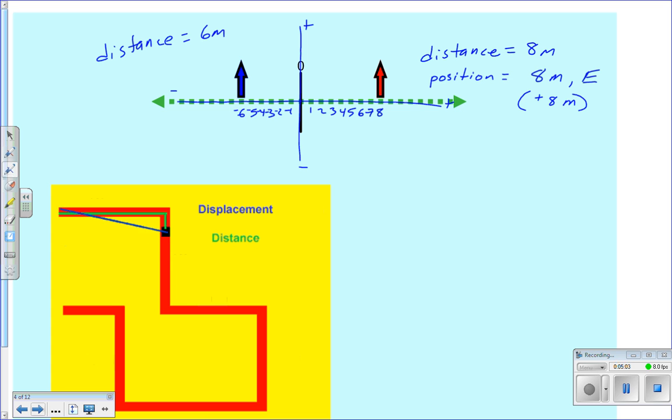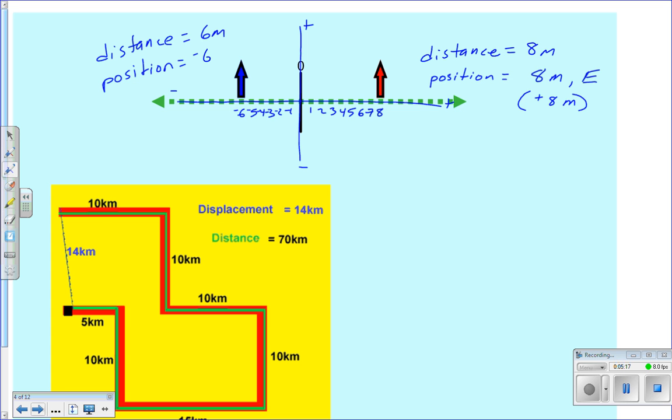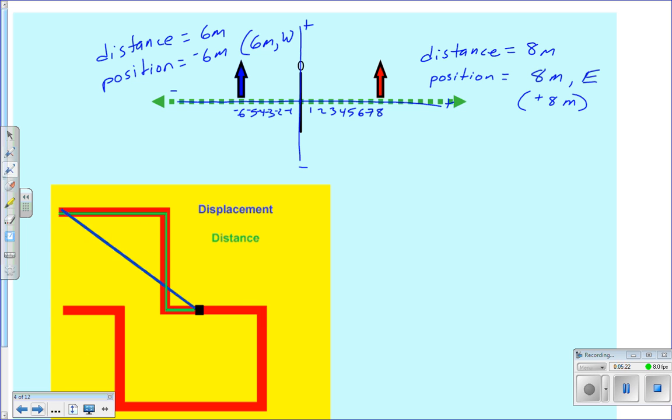So the distance for the blue arrow is 6 meters from the reference point, but its displacement or position would be -6 meters. Or the other way we could do it is 6 meters west. Okay, so there's a difference between distance and position. In that position, we must show which direction from the reference point the object is placed in.